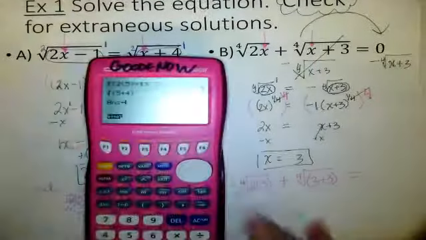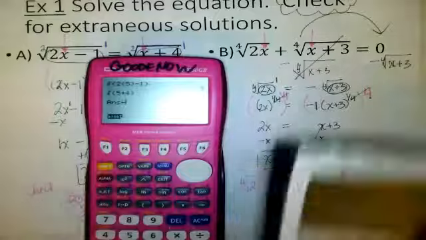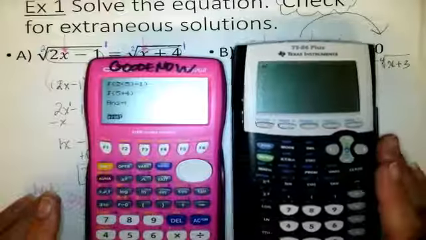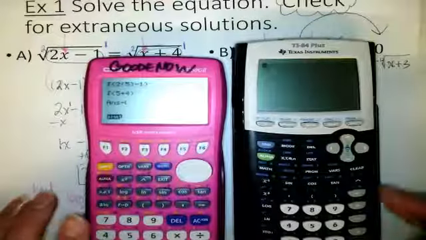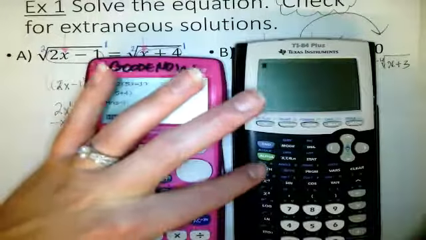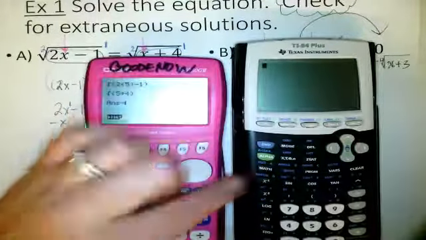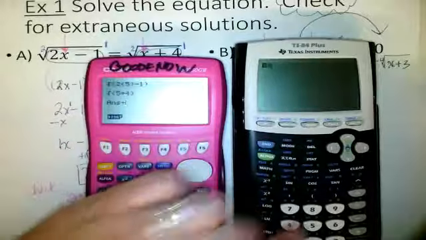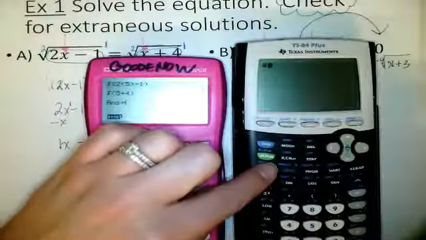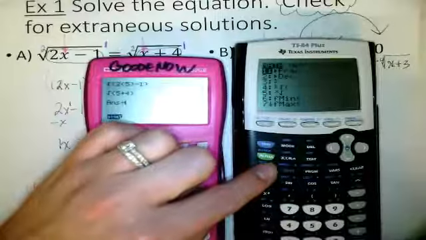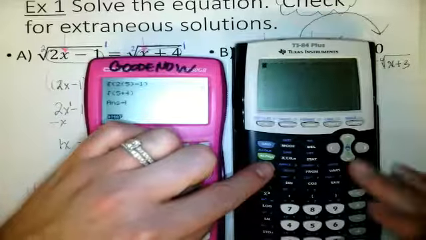To do a fourth root, if you have a TI, under the math menu are your options for radicals. To do a fourth root, you need to put in the 4 and then go to the math menu. Whoops, did the wrong thing there.